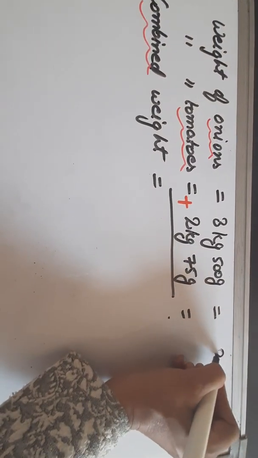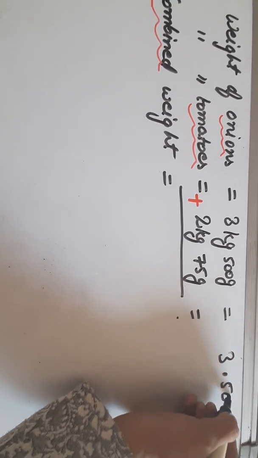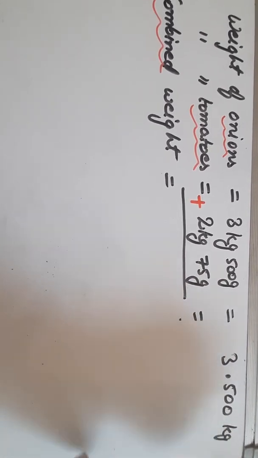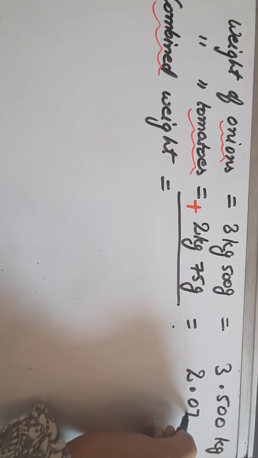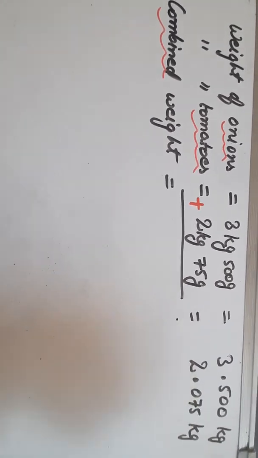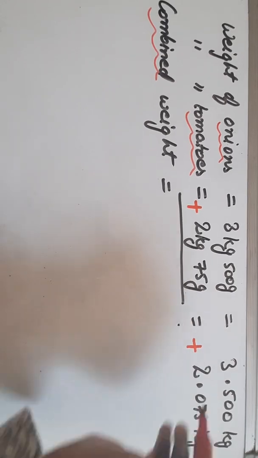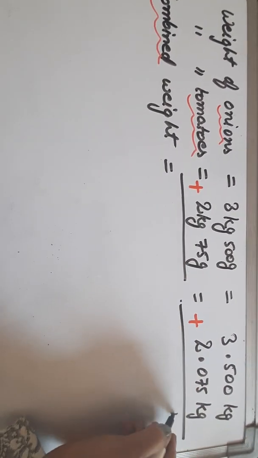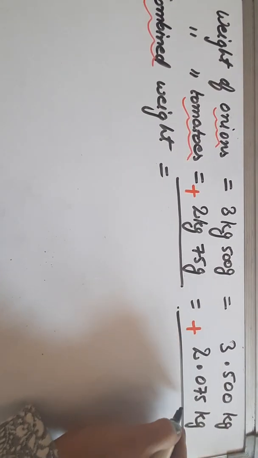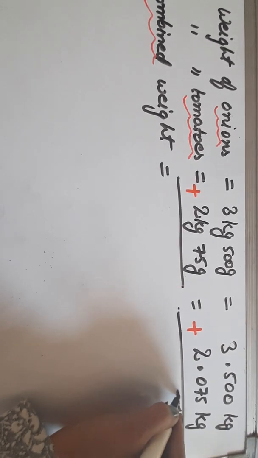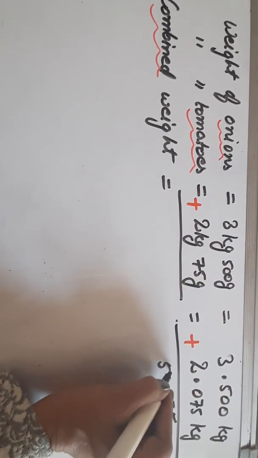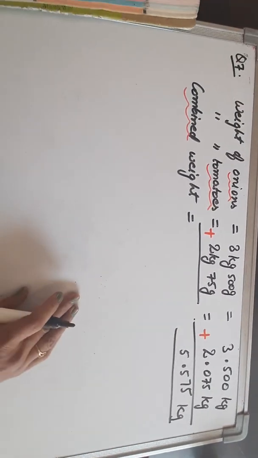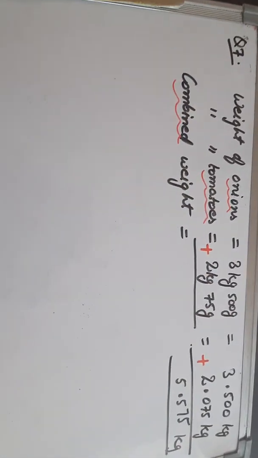So we'll do 3.500 kilograms and 2.075 kilograms. We have to find out the combined weight. We'll add it. So by adding it, 0 plus 5 is 5, 0 plus 7 is 7, 5 plus 0 is 5, 3 plus 2 is 5. So this is the combined weight of onions and tomatoes.